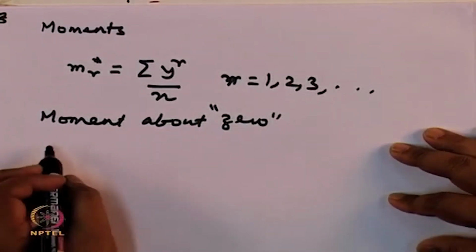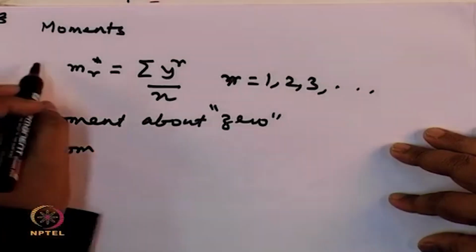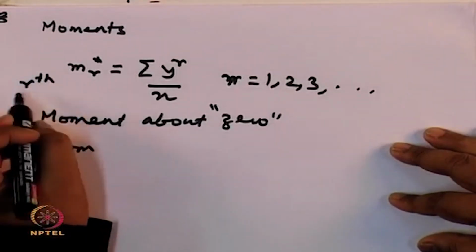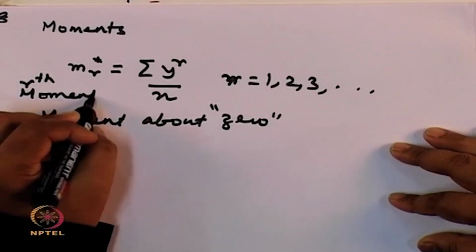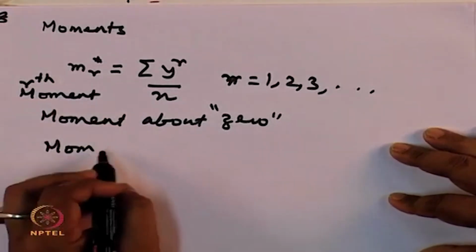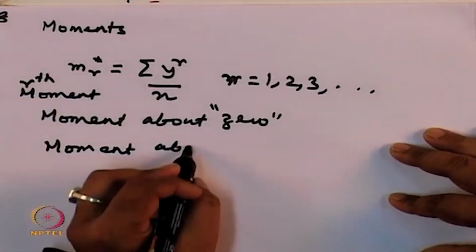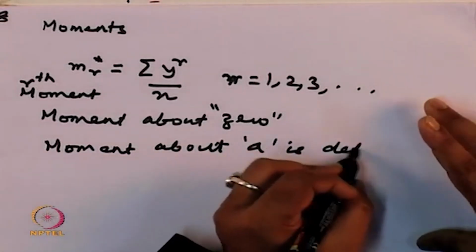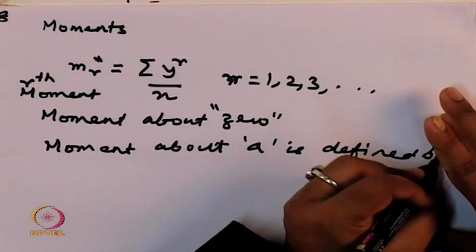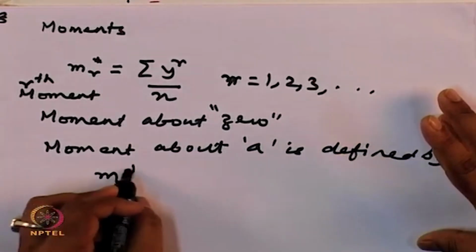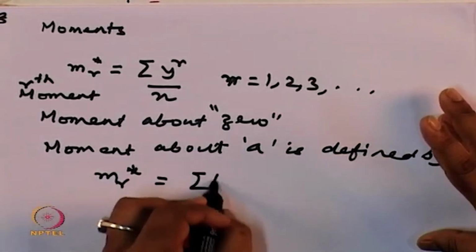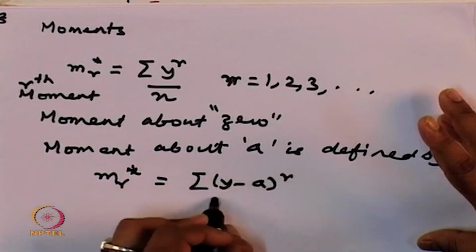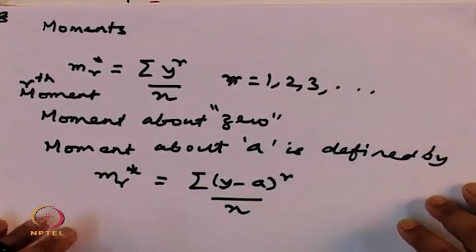Okay. So, in general, this is the rth moment. In general, the moment about A is defined by mr star, which in the generic case is y minus a whole to the power r by n. Okay.